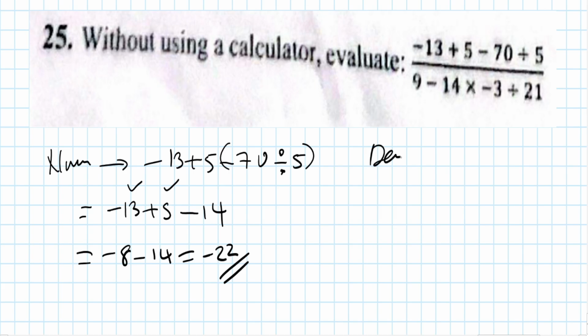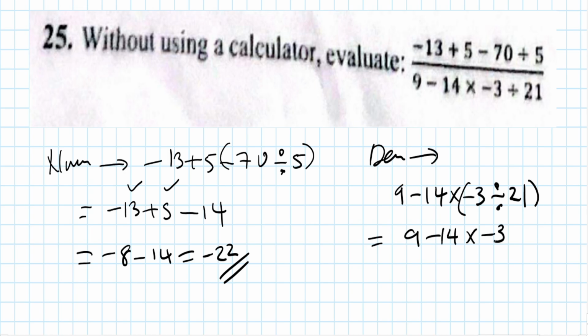Now the denominator, obviously, we've said is 9 minus 14 times minus 3 divided by 21. We start with the division one. So again, minus 3 divided by 21, which you can simplify, and it gives you minus 1 over 7.